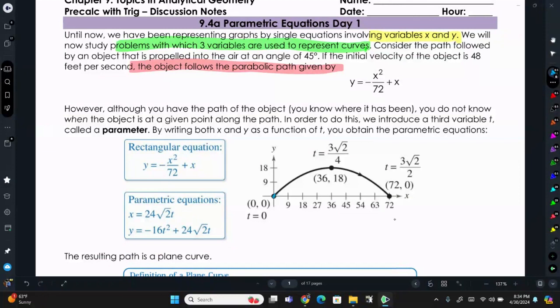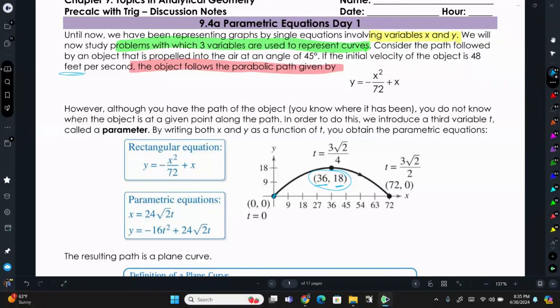We know that the horizontal distance is your x value, and the y value is your vertical distance. So this point right here, 36, 18, tells us that when the horizontal distance is 36 feet, the object is 18 feet off the ground.